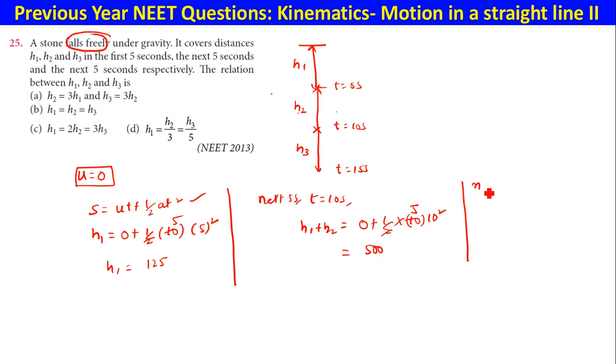Now next 5 seconds, that means total time it has taken is 15 seconds, and how much distance it must have traveled? 3 distances, h1 plus h2 plus h3, that is equal to ut, 0, plus half at square, a is 10, t square is 15 square.